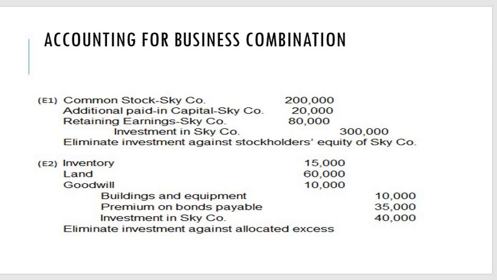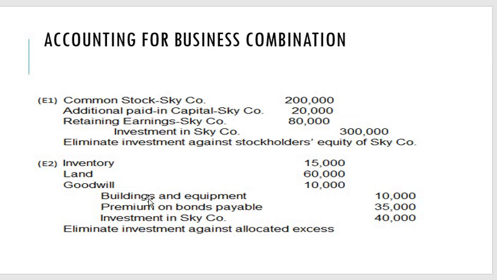So the second entry is to recognize the difference between the fair value and the book value of the assets and liabilities of the subsidiary that existed at the date of acquisition. We recognize the undervaluation of inventory, which is 15,000. Also, the undervaluation of land, that's 60,000.